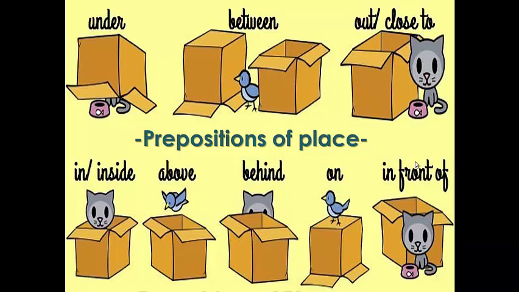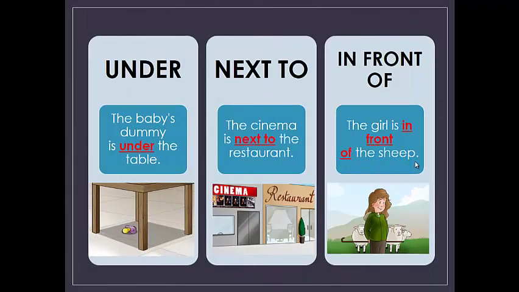On the other hand, the following prepositions of place are also used, and their understanding is very easy and obvious. Under. The baby's dummy is under the table. Next to. The cinema is next to the restaurant. In front of.